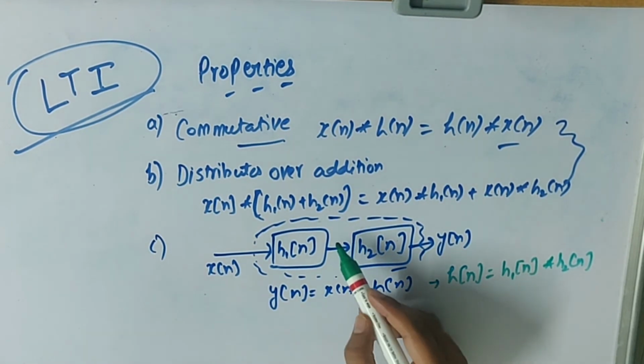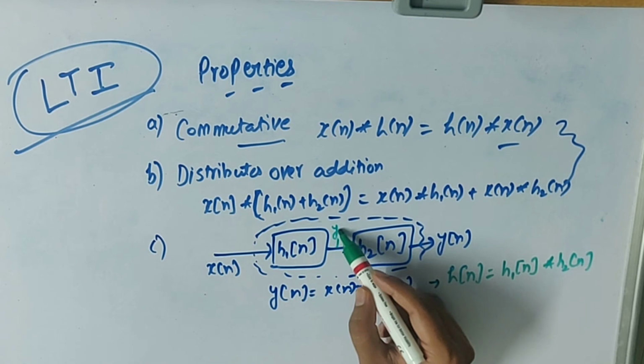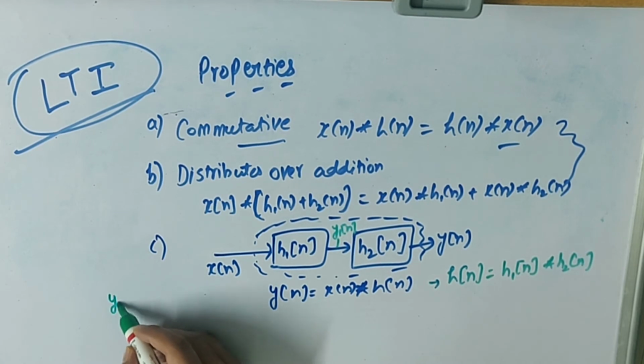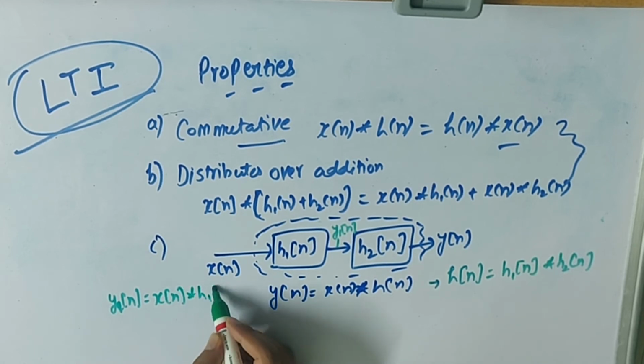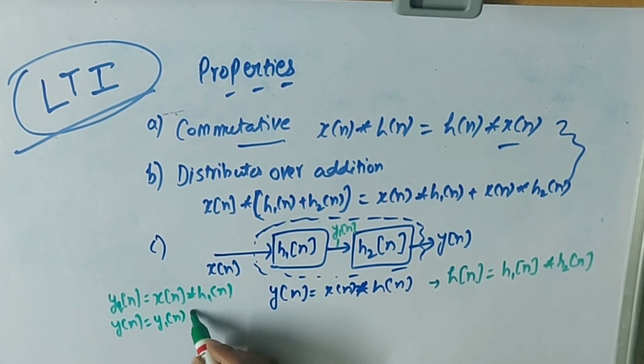Let's assume an intermediate output, this is y1[n]. So y1[n] is equal to x[n] convolution h1[n], and y[n] is equal to y1[n] convolution h2[n].